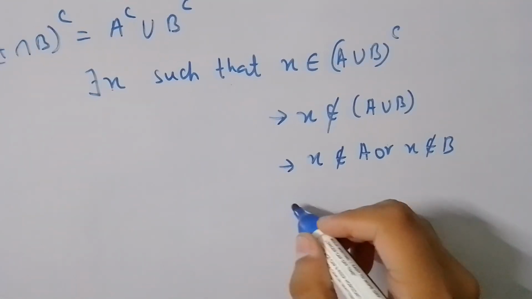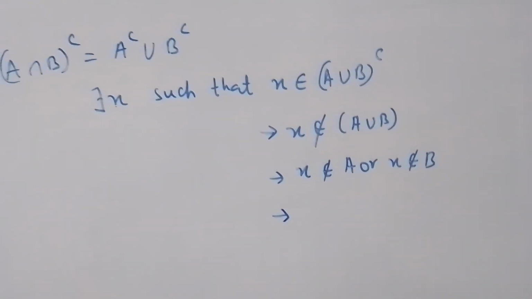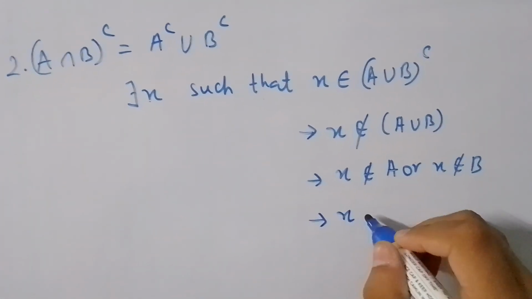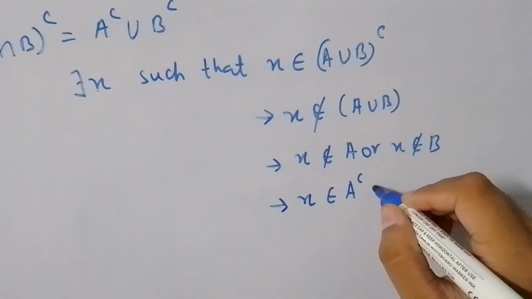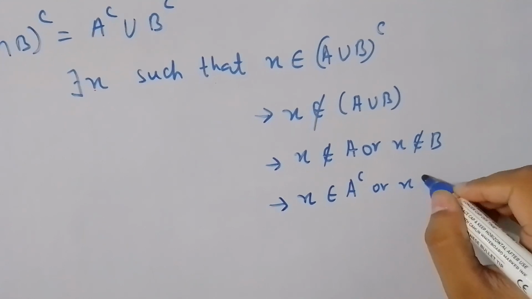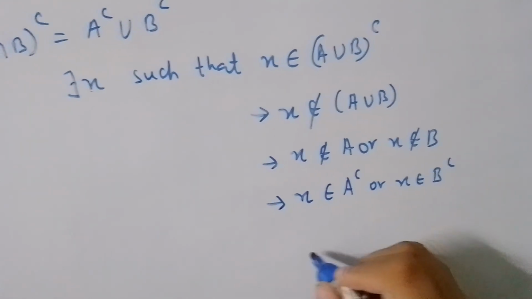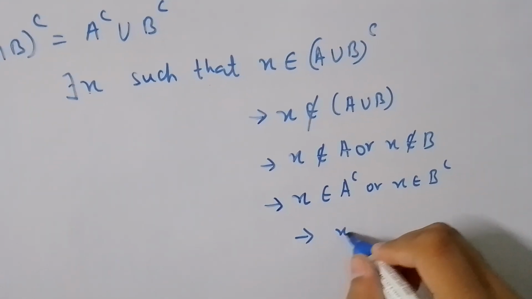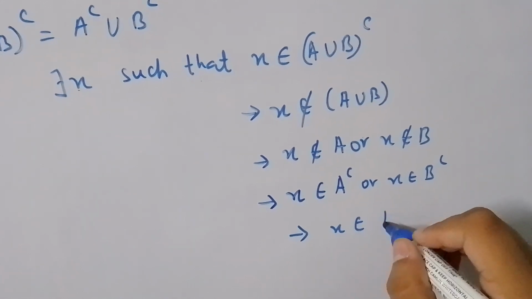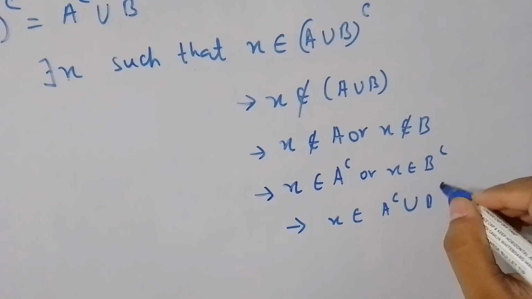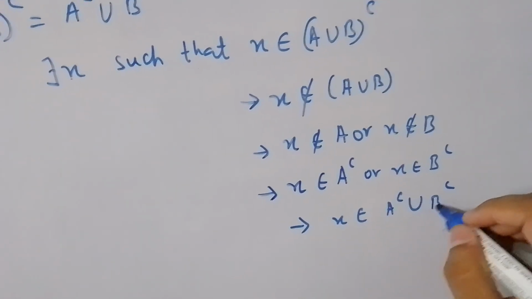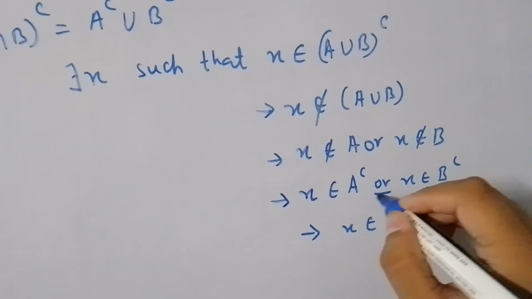Okay, now by this statement we can say that X will belong to the complement of the sets. So by this we say that X belongs to A complement union B complement. Why? Because the OR connective is there.